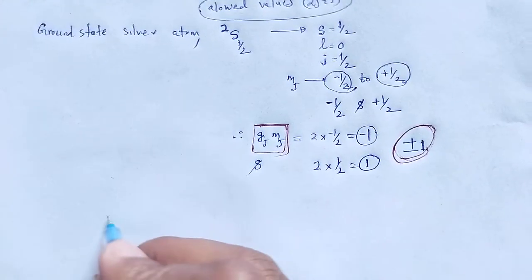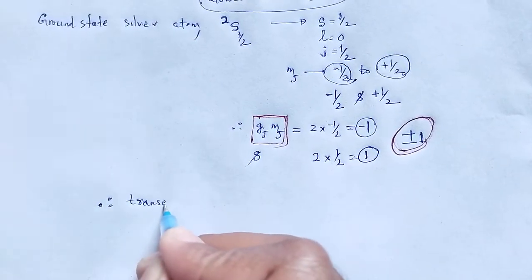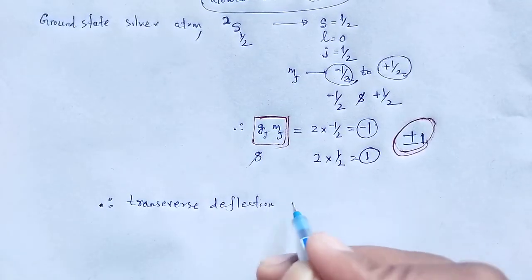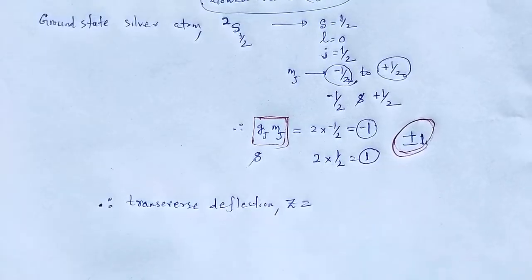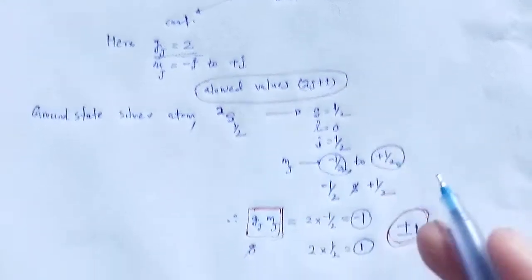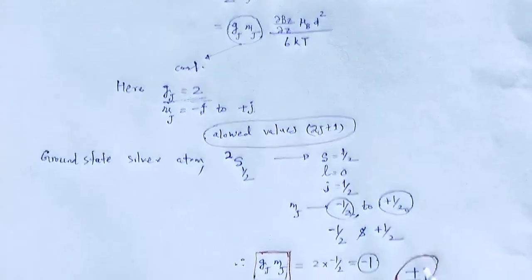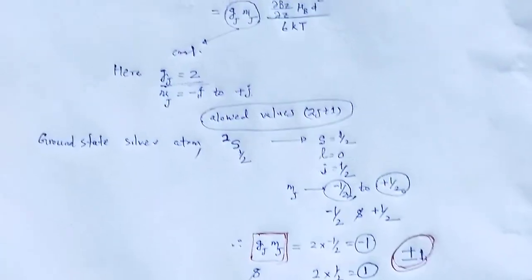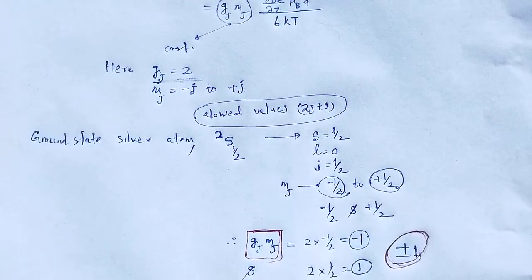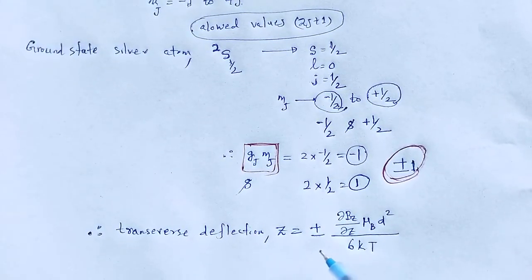Therefore, the transverse deflection Z is plus minus del Bz by del z mu b d square divided by 6 kT.